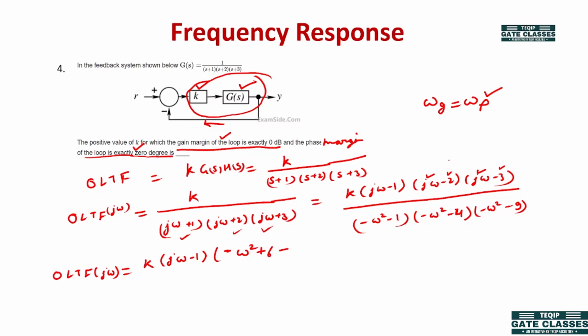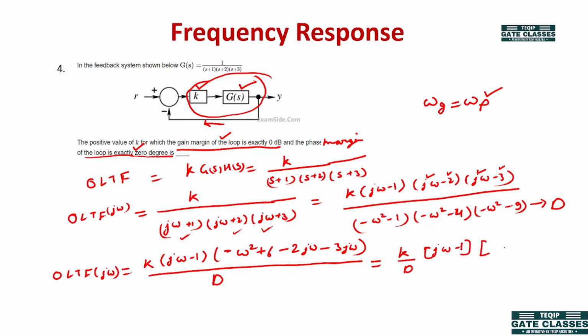If we multiply minus 2 by j omega, we get minus 2 j omega, and if we multiply minus 3 by j omega, we get minus 3 j omega. Divided by, I'm writing this as d. I'm not writing it again, so this term is, let's say, d. So while we solve this, we get j omega minus 1 into 6 minus omega square minus 5 j omega. And again we multiply this term, we get k by d.